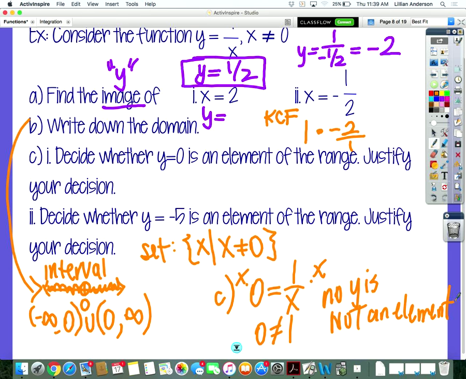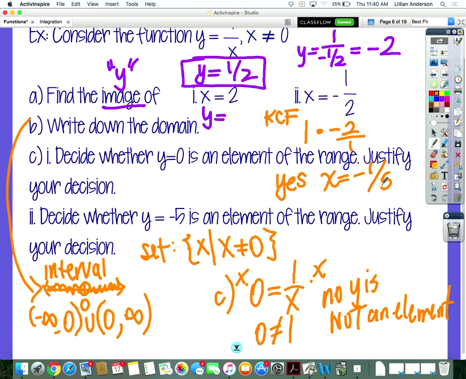Do part 2. Decide whether negative 5 is an element. Can you guys do that one? Well, is it? Yes? You guys got an x value when you plugged in negative 5? What was the x value?